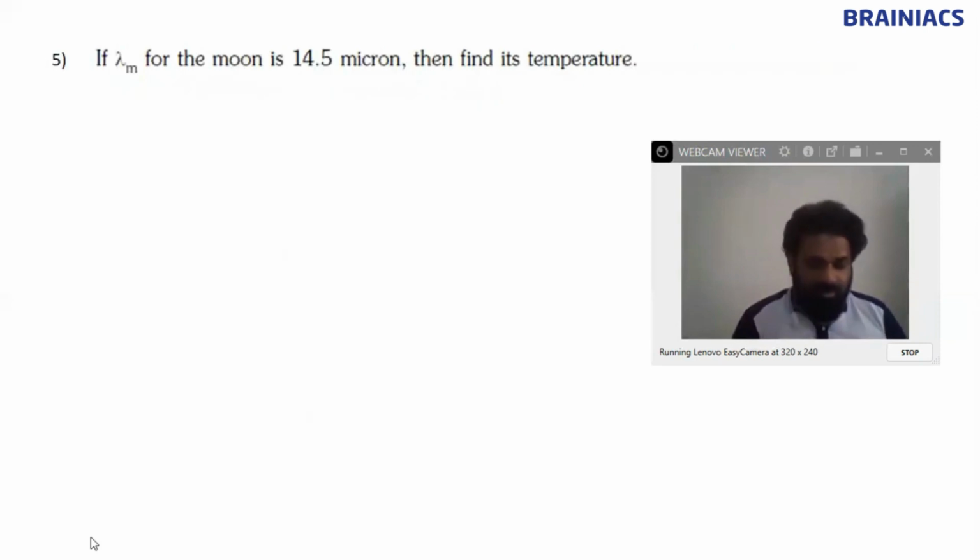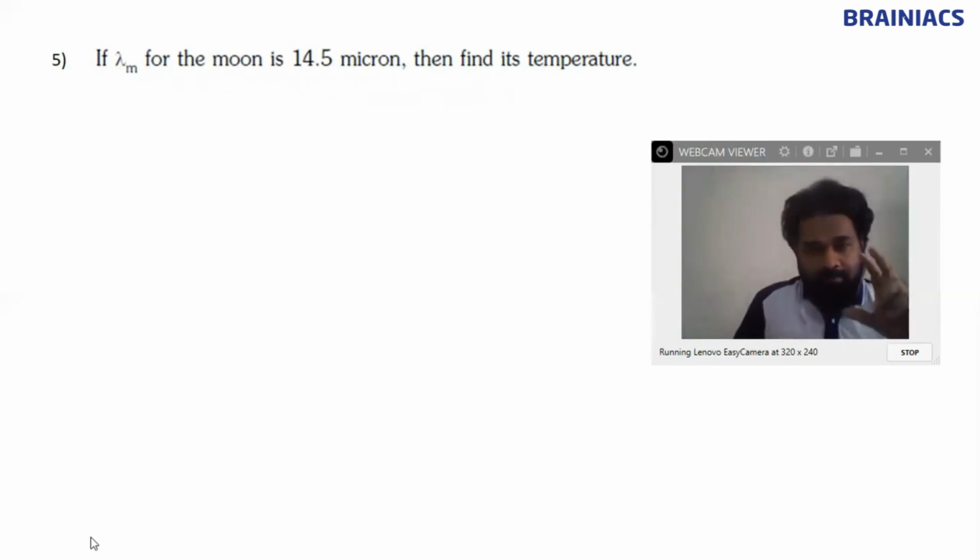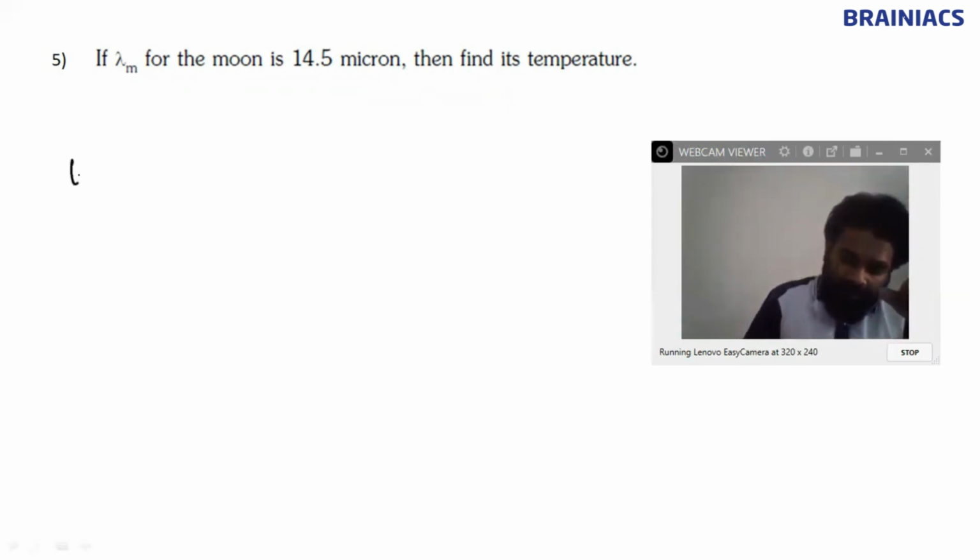Next problem: if lambda m for the moon is 14.5 micron, then what is its temperature? What is its meaning? The maximum intensity of radiation from the moon we observed at which wavelength? At lambda m. So we know Wien's displacement law.